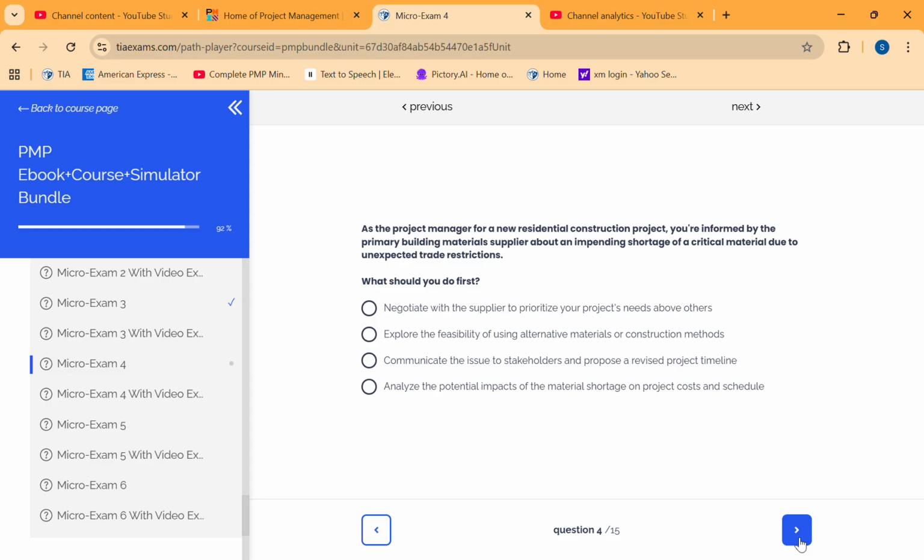I think we should communicate the same thing to the stakeholder and project. No. Fourth is the good option. Obviously, we should analyze the impact of this. And after that, we should do the feasibility study of using the alternative material or construction. The second and fourth, they both look correct to me.